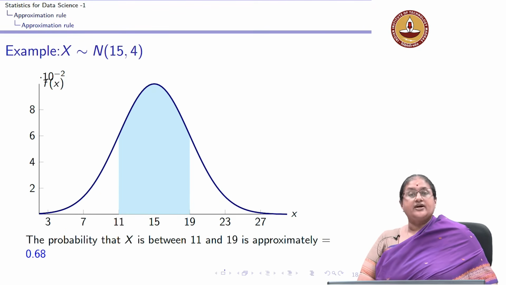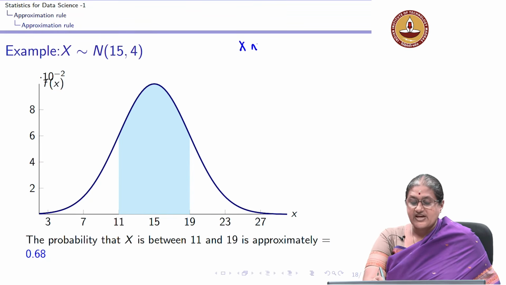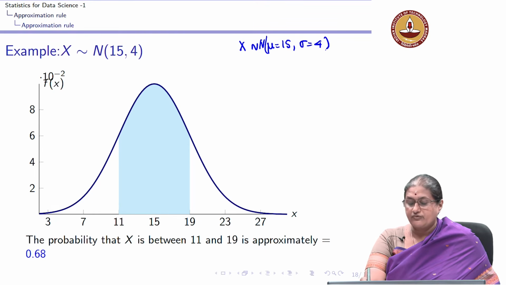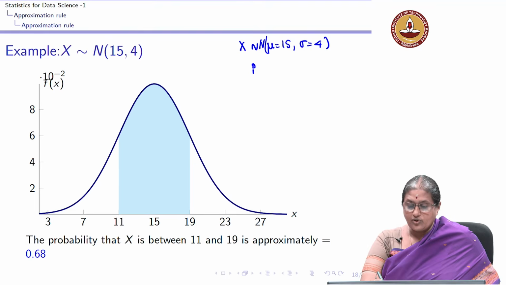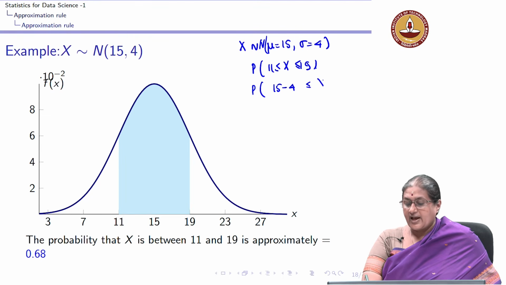So, let us look at a few more examples. In this example, I have x which is normal with mean mu equal to 15 and sigma equal to 4. I want to know the probability that x is between 11 and 19. Very quickly we notice that 11 is 15 minus 4 and 19 is 15 plus 4.